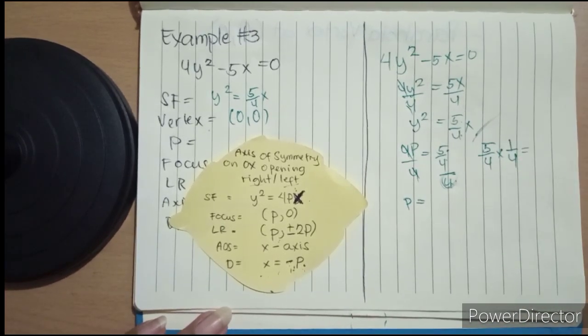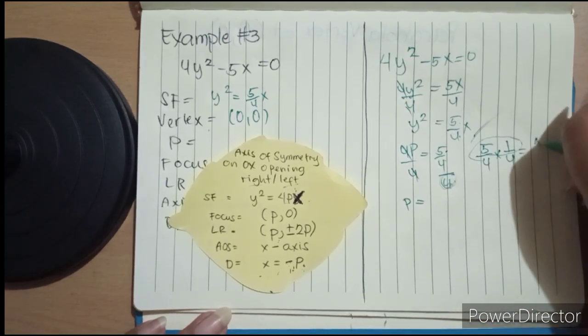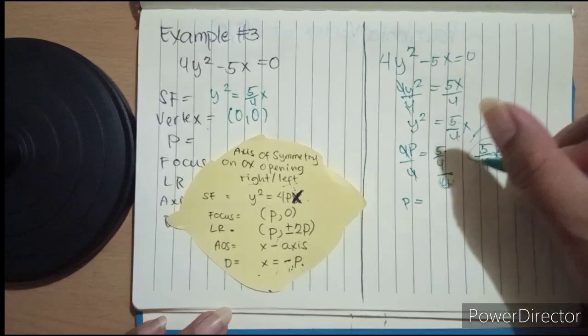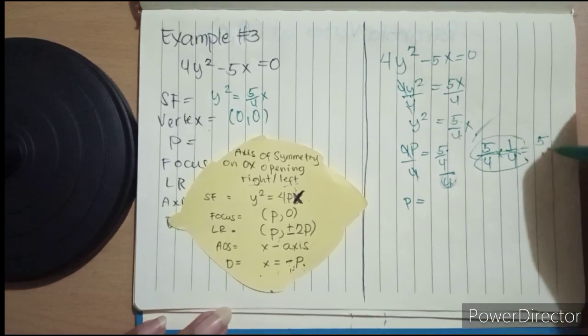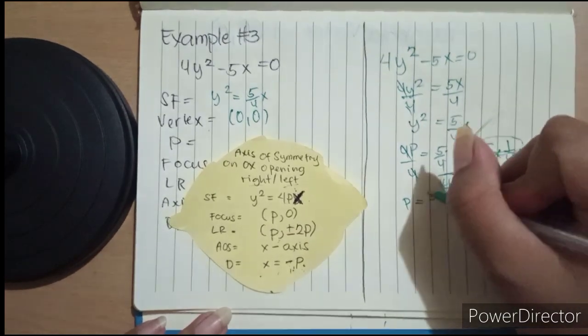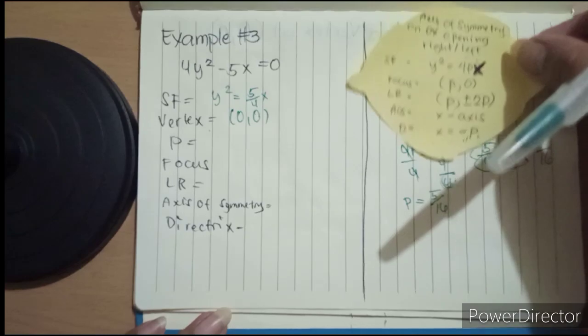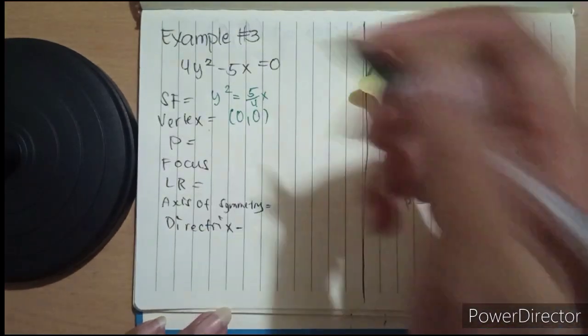So, we have 5 times 1 ay 5, then 4 times 4 ay 16. So, our value of p now ay 5/16.